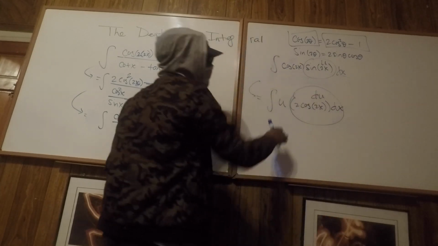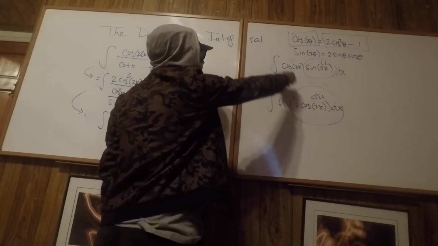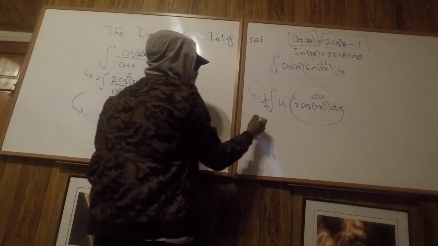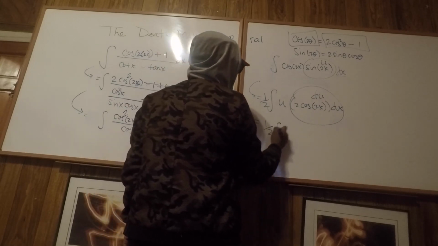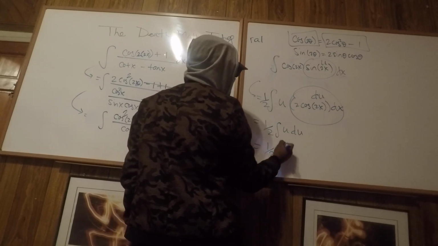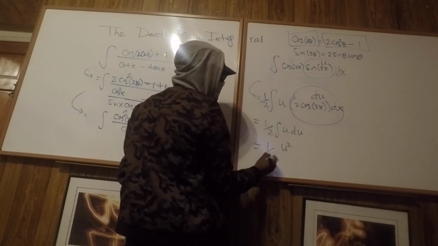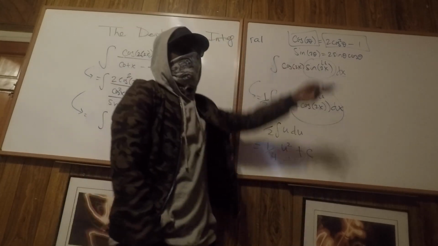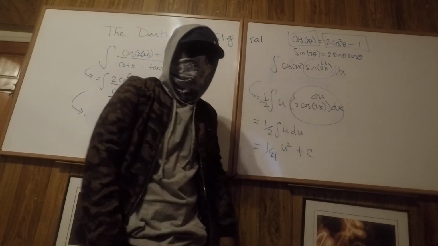Only one little issue, which is that there ain't no 2 right there. So we put a 1/2 right there, right? So this is 1/2 integral u du. And you know how this goes. It's 1/2 u squared over 2. So we throw a 4 right here plus c. Just call back what we said was u, which is sine 2x, and that's that.